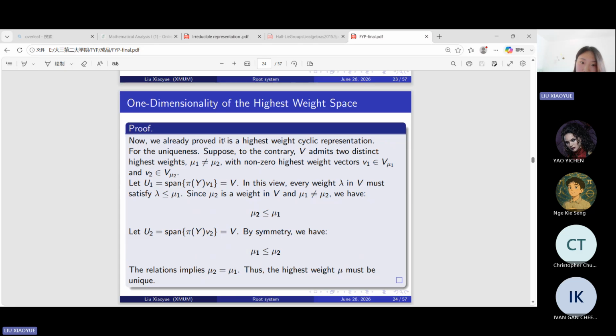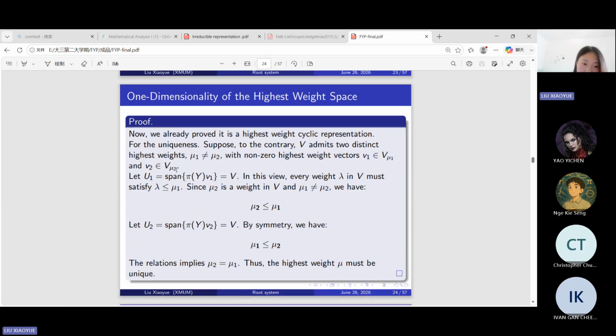Then for the uniqueness, suppose we admit two distinct highest weights, mu1 and mu2, with non-zero highest weight vectors v1 and v2. Firstly, we define a subspace U1 equal to the span of Y's action on v1.